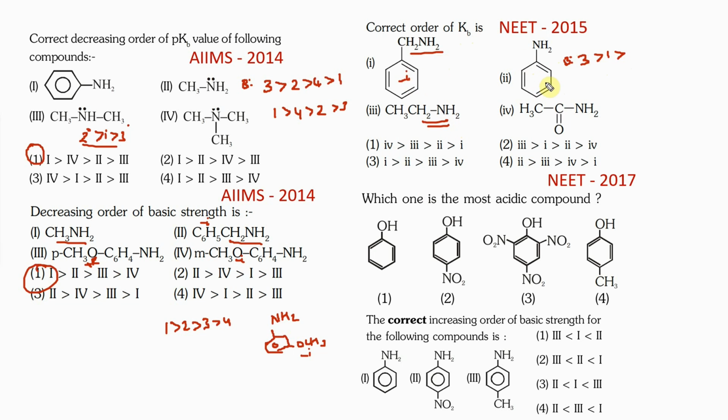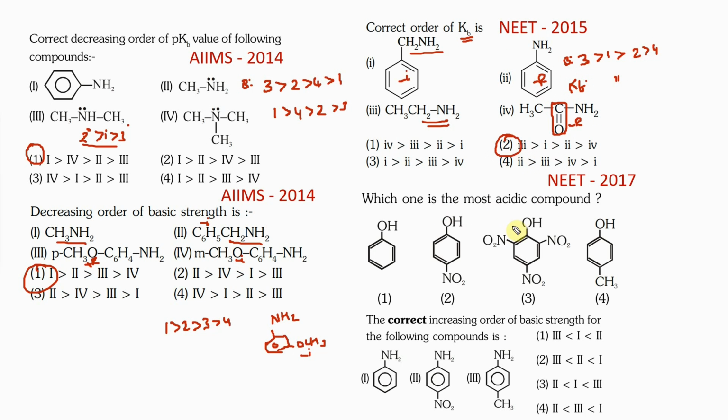Now between these two, if I can't tell, this is going to be a stronger minus R. The group is minus R, the ring is minus R. We saw both of these in the lecture. If you don't remember, go and watch the lecture again. C double bond O is a stronger minus R. So for amines I don't want minus R. So Kb will be the same order. They are not asking you pKb, they are asking you Kb. So 3 greater than 1 greater than 2 greater than 4.